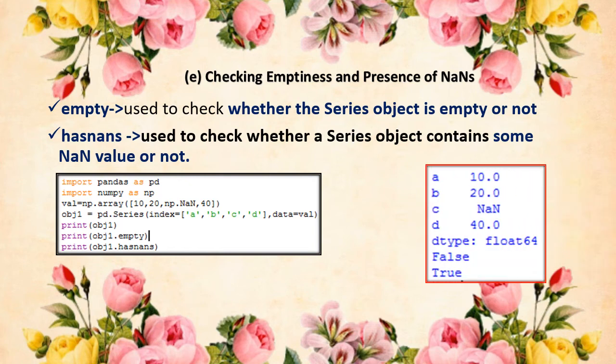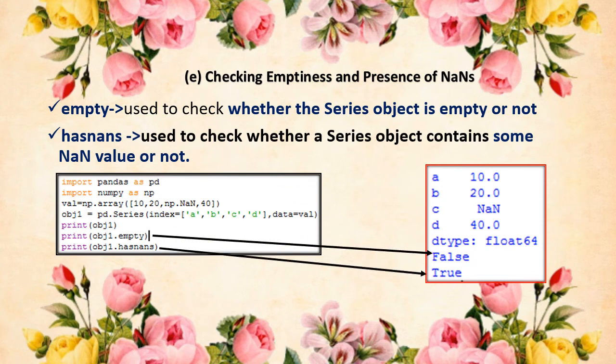Empty is of course false, because series object 1 has 4 values, so the series is not empty. hasnans returns true, because it has one not a number.